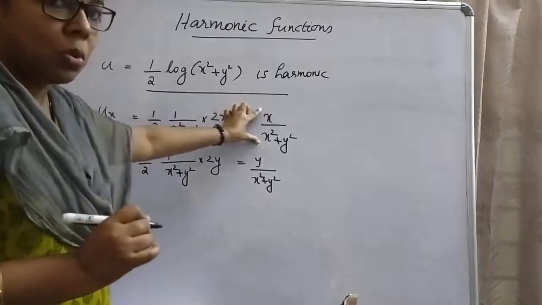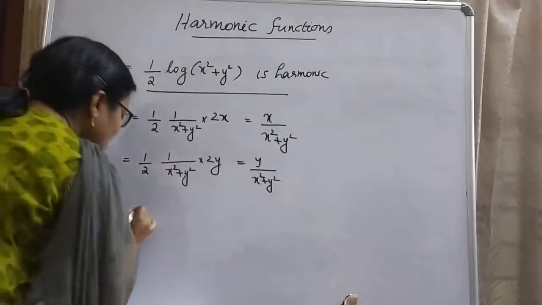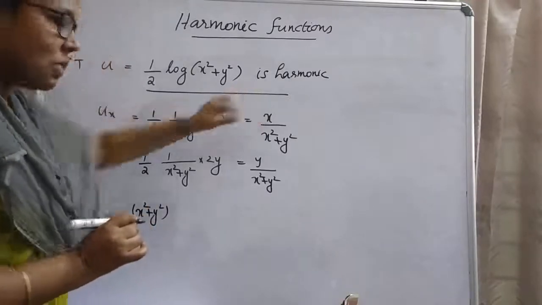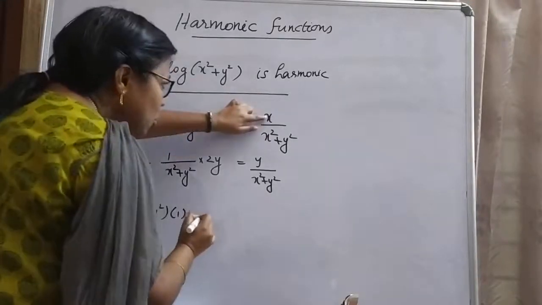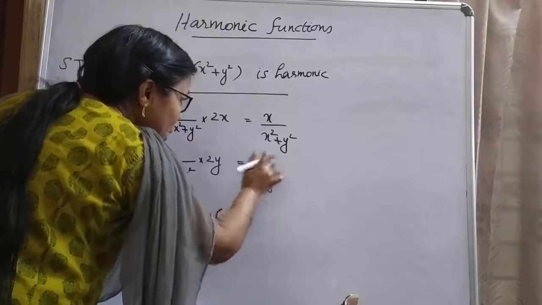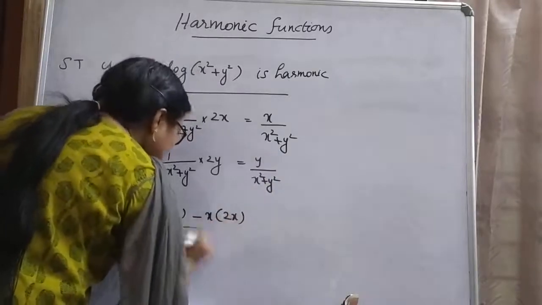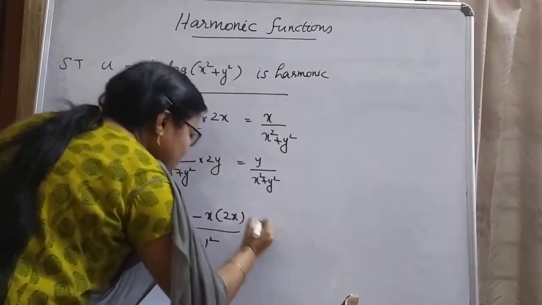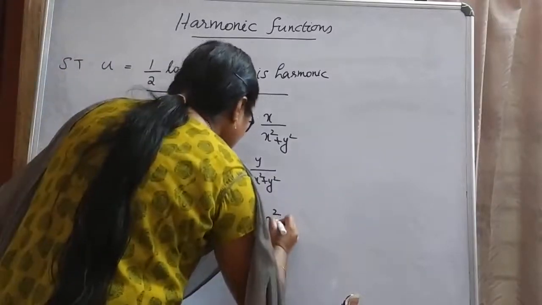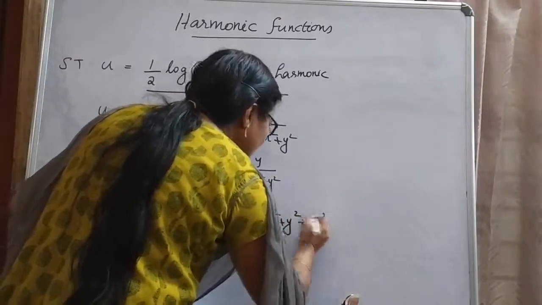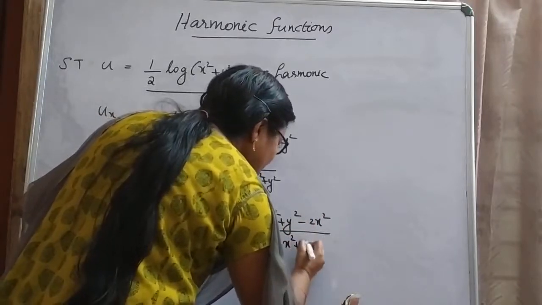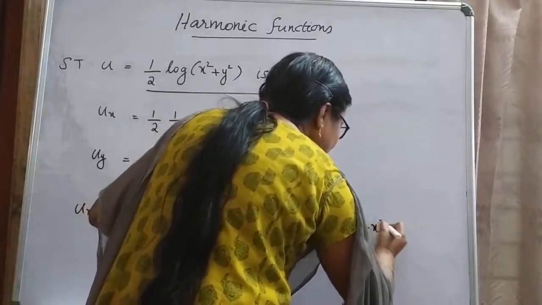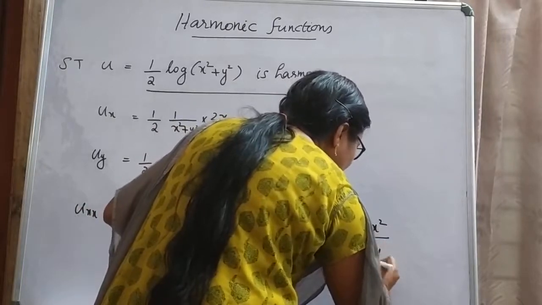Here we need the quotient rule, which is denominator x square plus y square into derivative of numerator with respect to x, which is equal to 1, minus numerator into derivative of denominator with respect to x, which is 2x, by denominator square, x square plus y square the whole square, which is equal to x square plus y square minus 2x square by x square plus y square the whole square, which is equal to y square minus x square by x square plus y square the whole square.